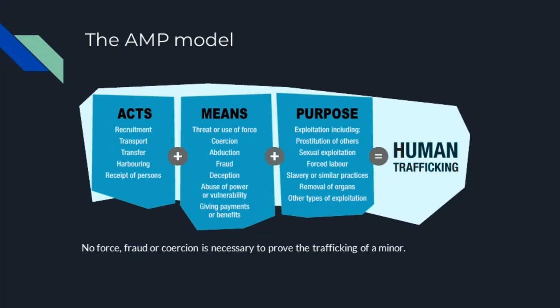And I like using these visual graphics whenever I think I might be dealing with suspected exploitation, and I go through and think about what action has an abuser taken with my suspected victim. How did they take this action, and what is the reason for them doing it? And that helps me determine whether or not I really have some trafficking going on.